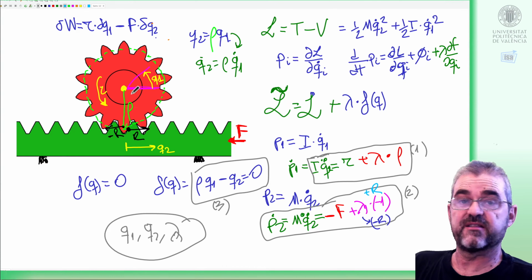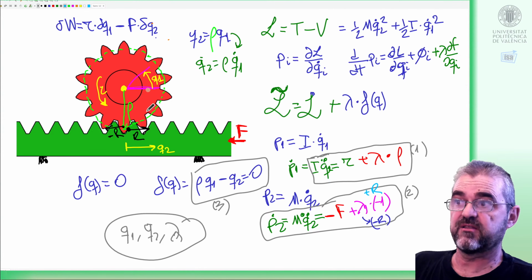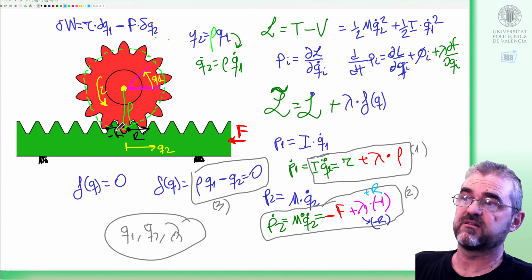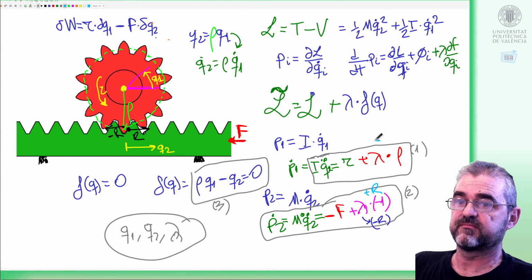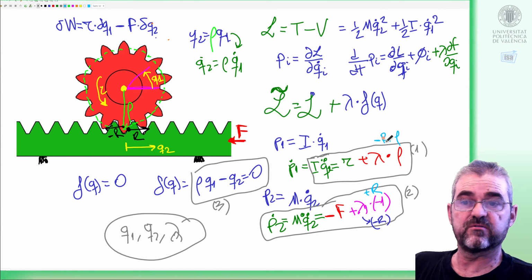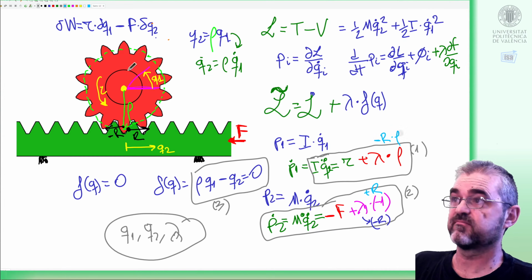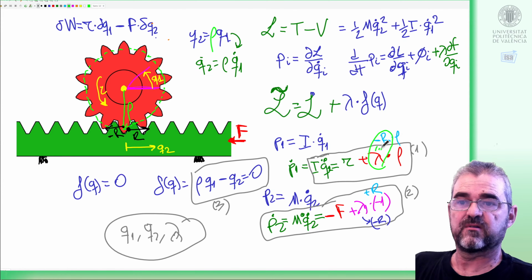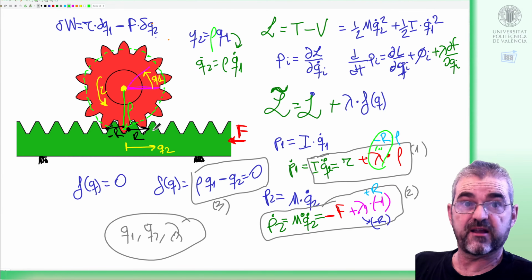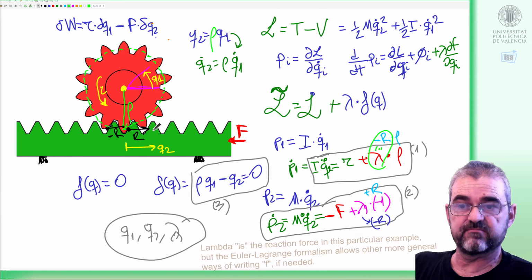And then if I did the torque balance in the pinion, then this reaction force, changing sign, will exert a torque of minus R times rho, force times distance, and indeed that also is consistent with lambda being the inverse of the reaction force. So basically the Lagrange multiplier is the reaction force.